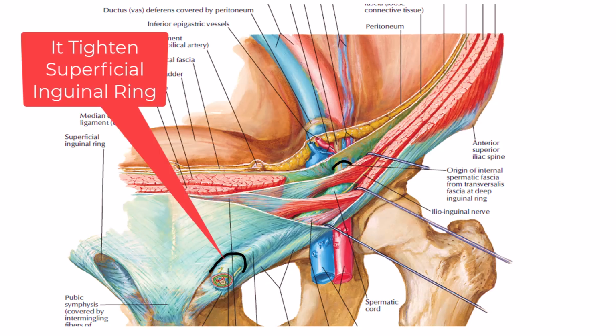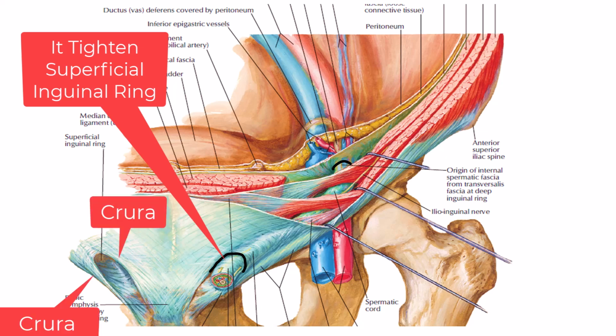You know it's a V-shaped slit, and this V-shaped slit is in the aponeurosis of the external oblique muscle. The sides of this V we name the crura. So whenever the external abdominal muscle contracts, it brings these crura or margins of the superficial ring close together, and in this way this gap is closed.